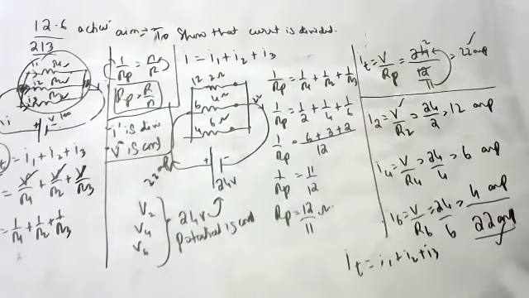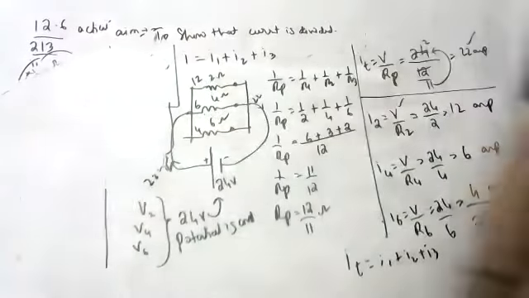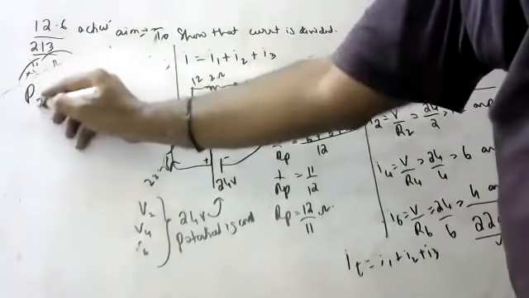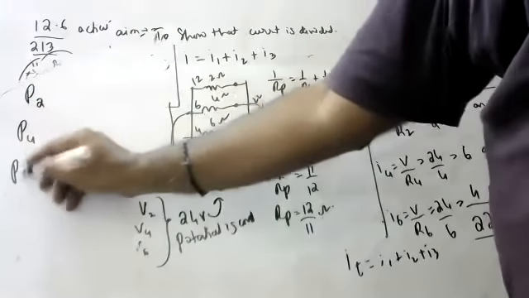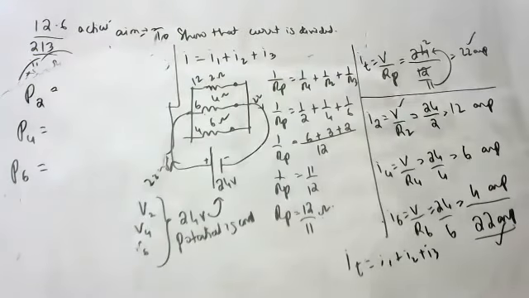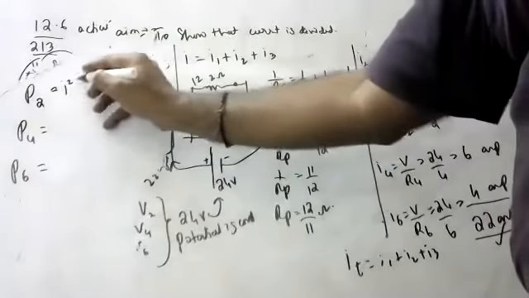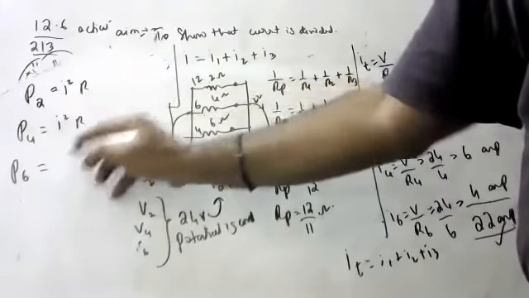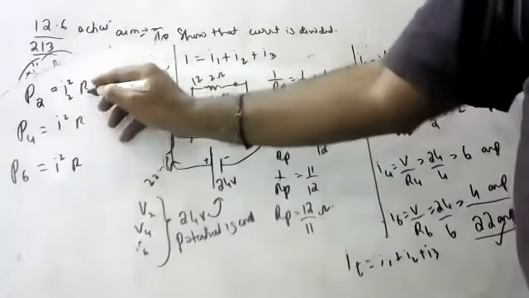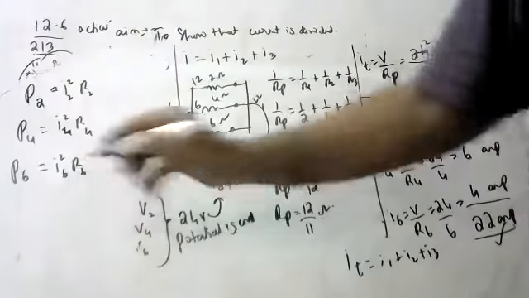Okay, children, just for practice, let's do power. P2, P4, P6. Which formula do you want me to use? I square R. Since the currents are different, it is I2 square R2, I4 square R4, I6 square R6.